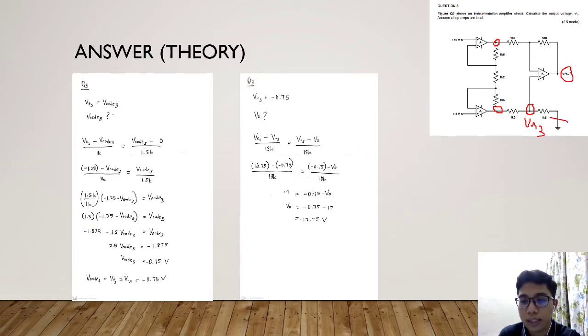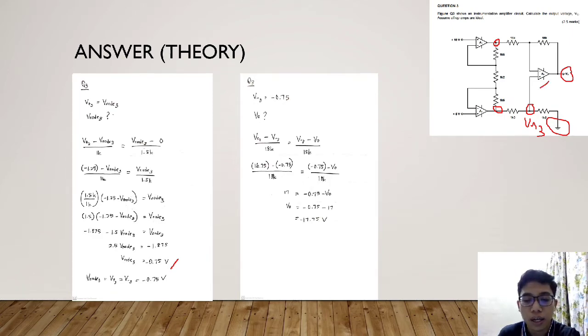As you can see here, this is ground, so when it's ground, we just put it at 0. After substituting the value of V output 2 in the formula, we get the value of V naught 3 as negative 0.75 volt.